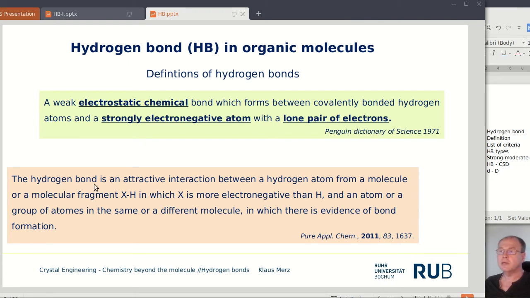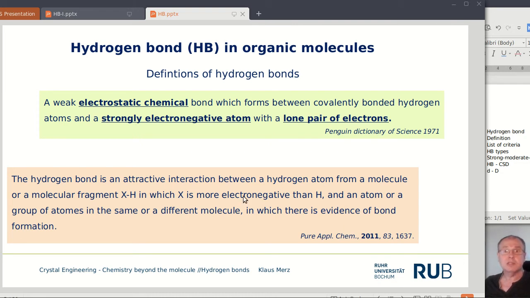The hydrogen bond is an attractive, it's very important, attractive interaction. Attractive means we are talking about an energy, yes? Attractive interaction between a hydrogen atom from a molecule or molecular fragment XH, in which X is more electronegative than H, and an atom or group of atoms in the same or different molecule in which there is evidence of bond formation.